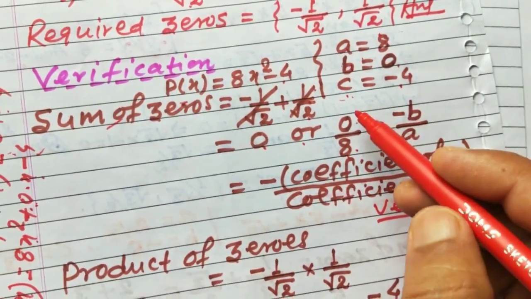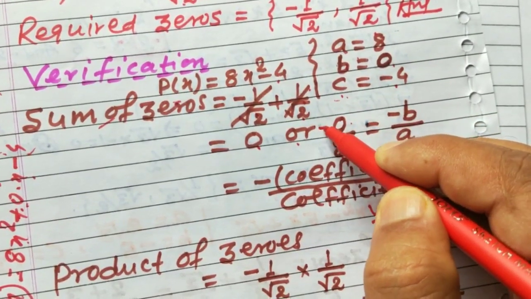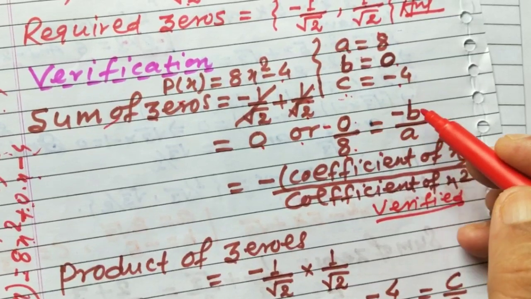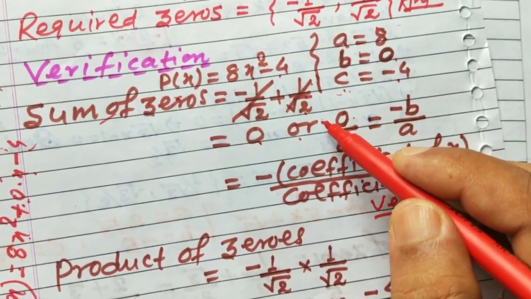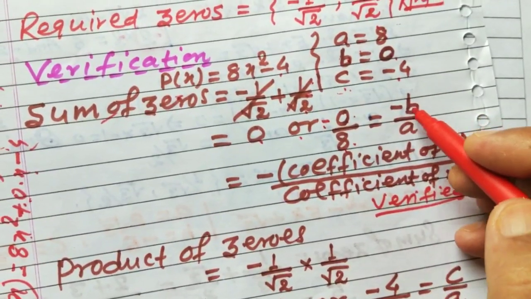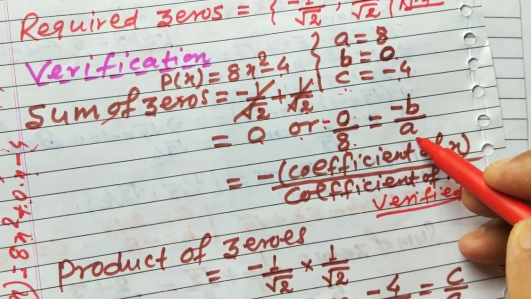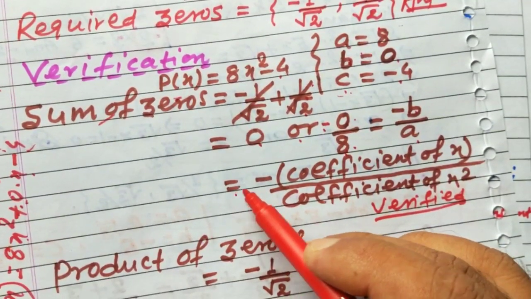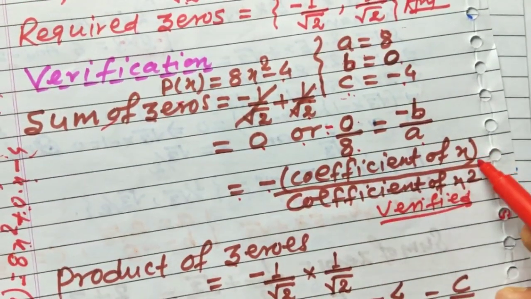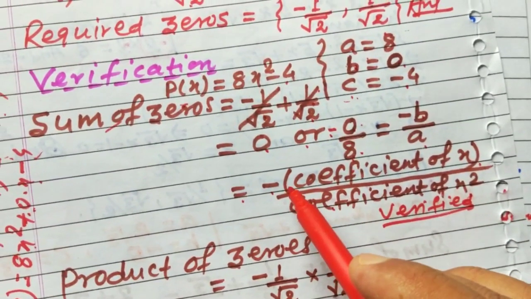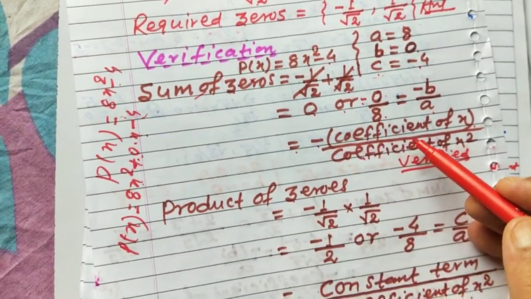So it can be also written as minus 0 by 8. So it will be equal to minus in the formula, and 0 is the value of b, and 8 is the value of a. So it is verified. It will be equal to minus coefficient of x by coefficient of x square.